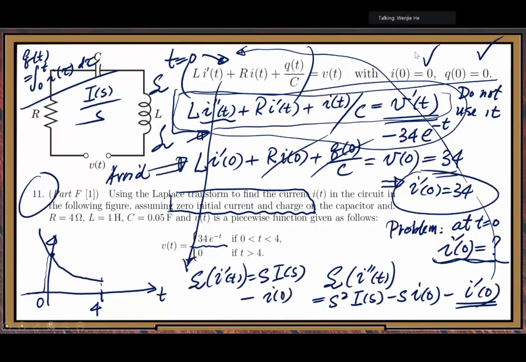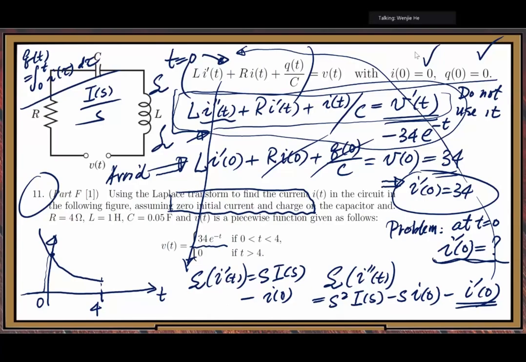No I prime of 0. I prime of 0 is a sticky point. Don't touch it. In this way, you don't need to use I prime.